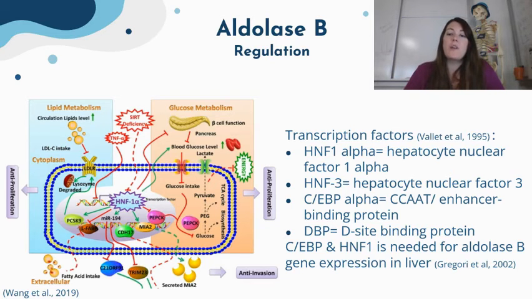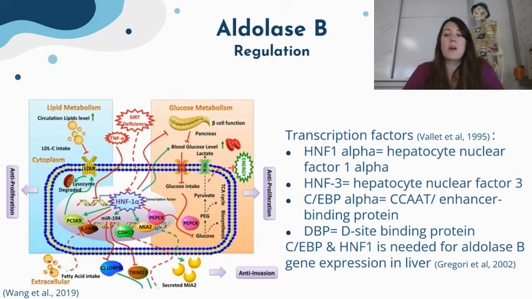The HNF1 alpha is a transcription factor called hepatocyte nuclear factor 1 alpha and is expressed in liver, pancreas, kidney, and intestines. HNF3 transcription factors bind to cis regulatory parts in hundreds of genes that encode for the glycolytic and gluconeogenesis enzymes and hormones.